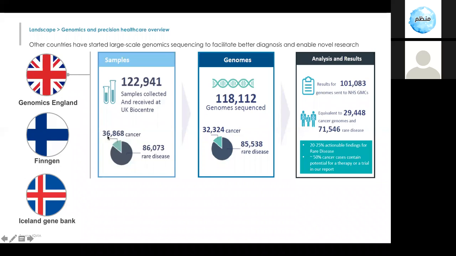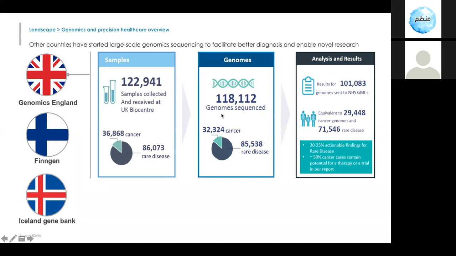Those include around 40,000 patients with cancer, and around 90,000 patients with rare diseases. So they sequenced, we have so much data, and we have so many mutations that are linked to diseases.